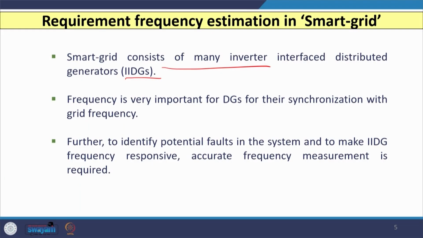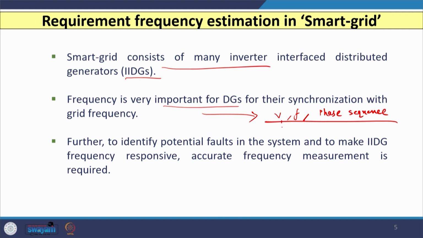When we use inverter interface distributed generators, frequency plays a key role when we want to synchronize this type of DG with our conventional grid. And when we synchronize any distributed generator with our conventional grid, three parameters we need to remember. One is the voltage should be same, the second is the frequency should be same, and third, if we are dealing with an AC system, then the phase sequence should also be same.